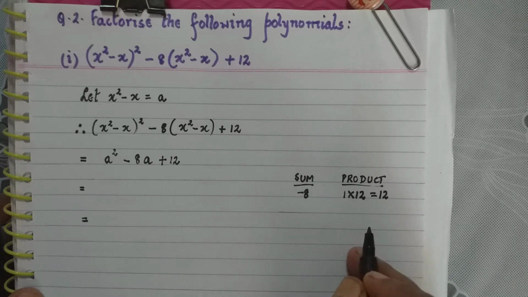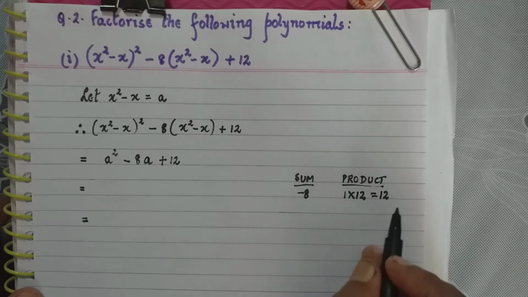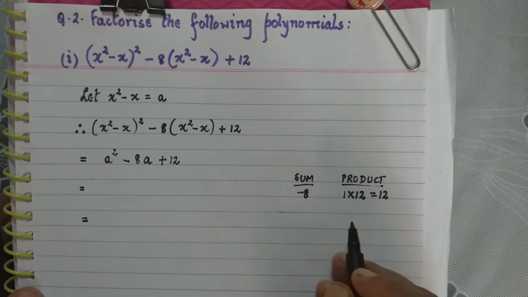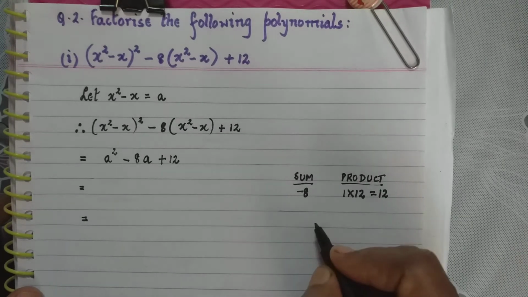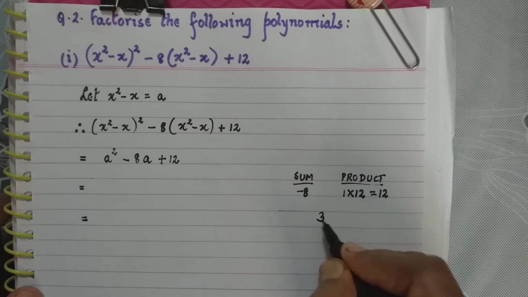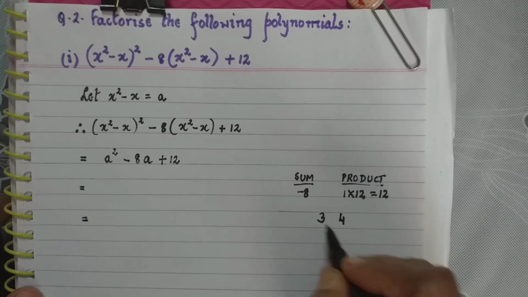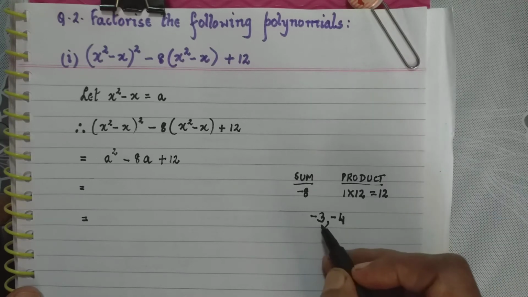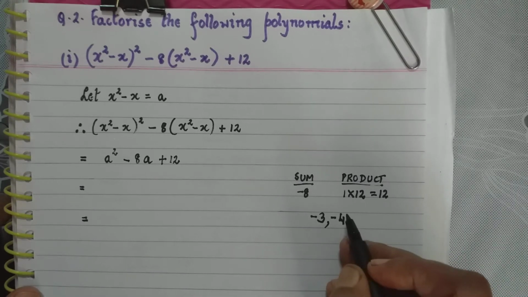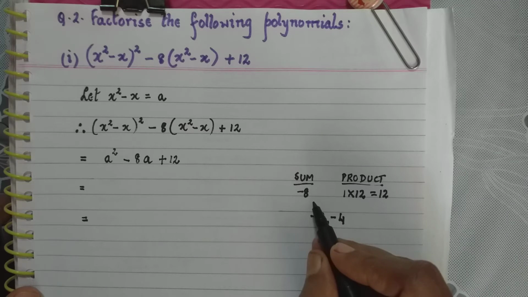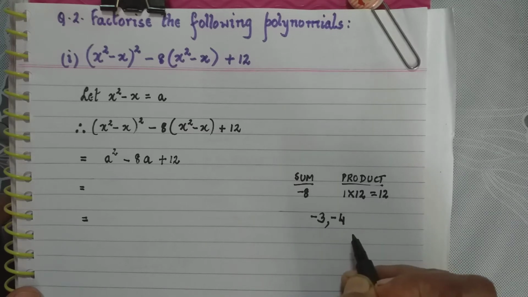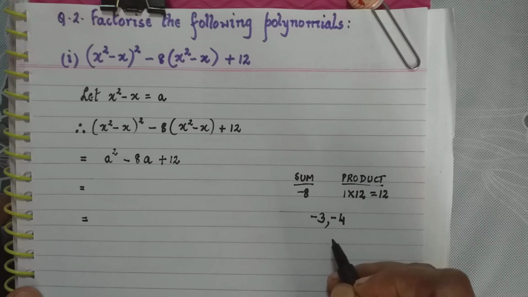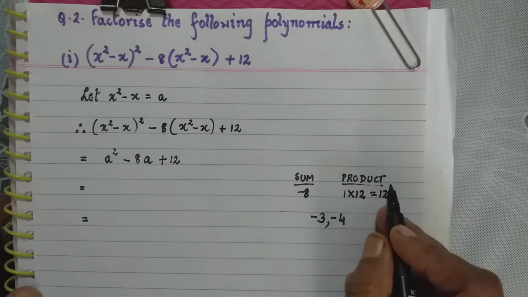Now let us think of the two numbers whose product should be 12. I can have 3 and 4. And just now we said both the numbers should be minus. Now if I have minus 3 and minus 4, will it become minus 8?